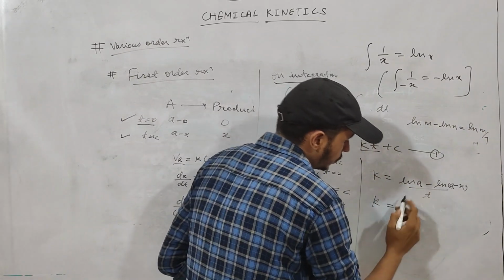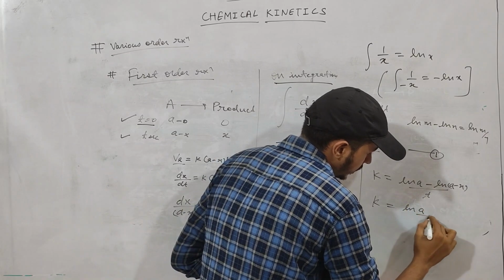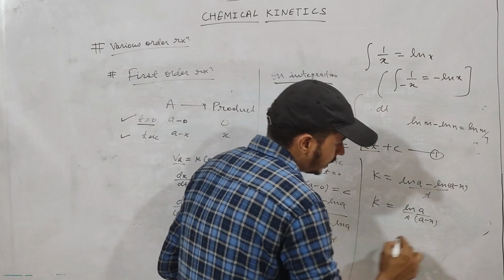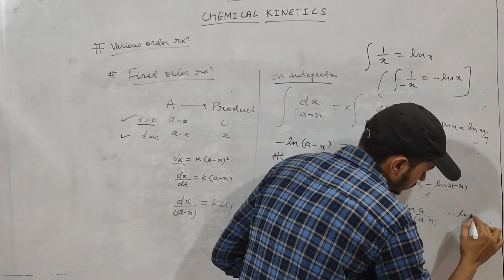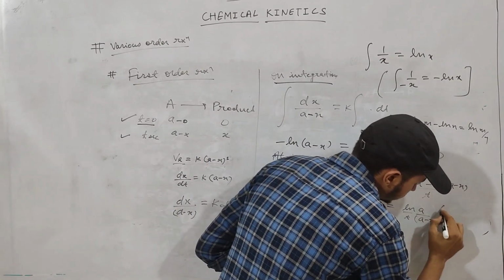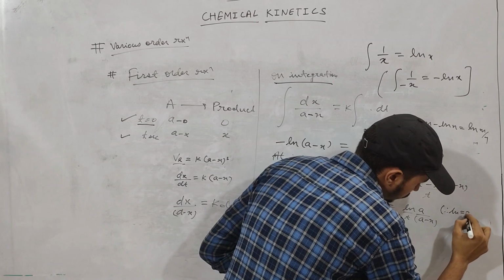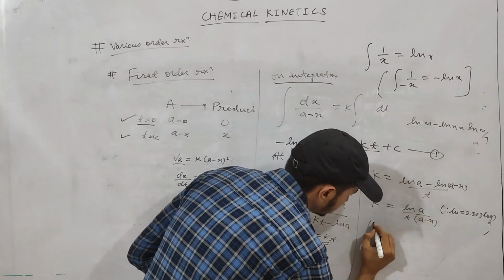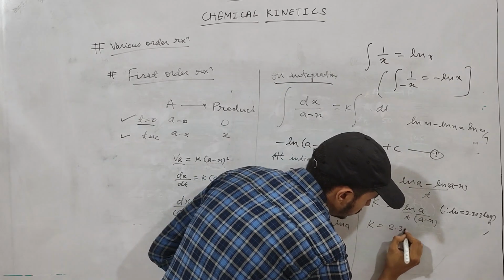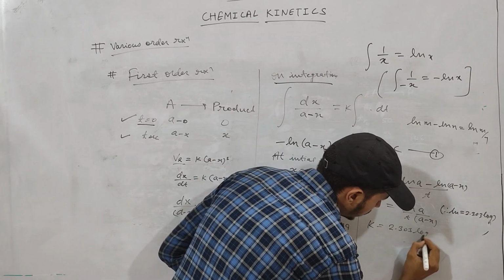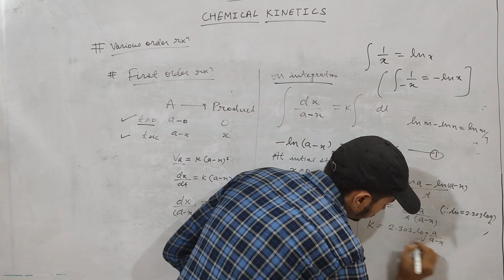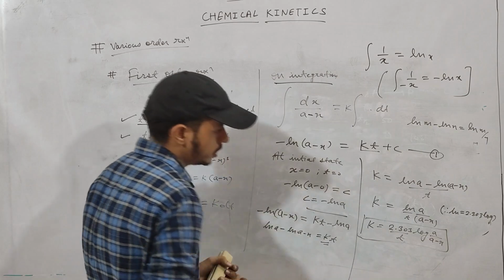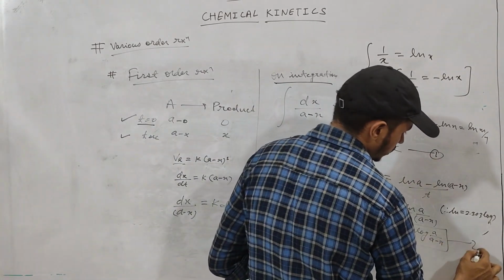So this term will be ln A upon A minus x, and t will remain here. Now ln can be written as 2.303 log. So we will replace this, k is equals to 2.303 upon t log A upon A minus x. So this is the formula for first order reaction.